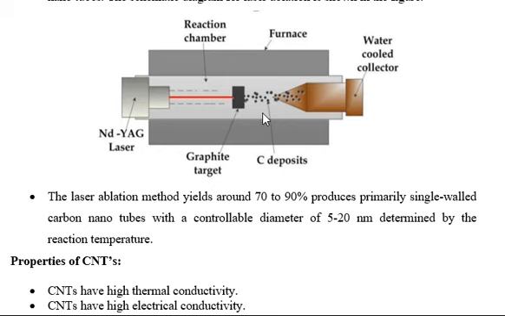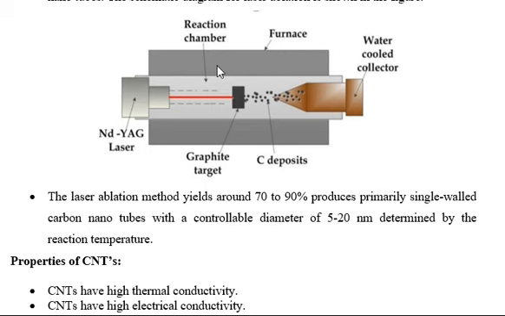The released carbon atoms are sent onto the water cooled collector. There on the water cooled collector, they are going to collect like tubes, hollow tubes. So this is the way we are going to get the carbon nanotubes.